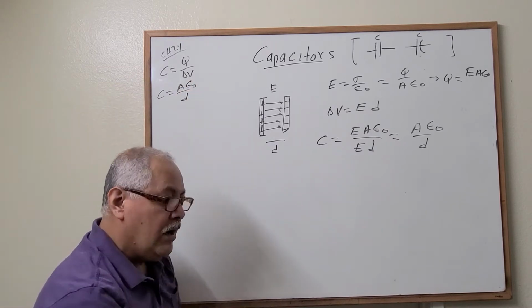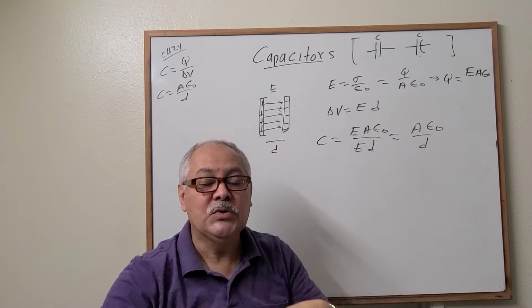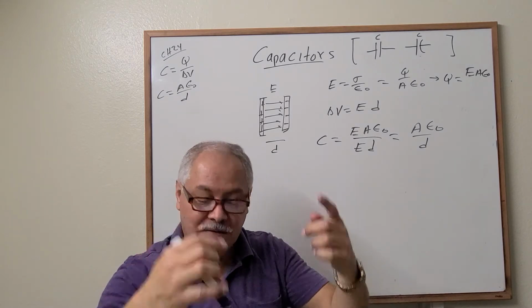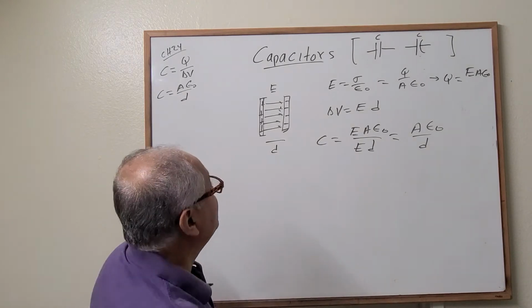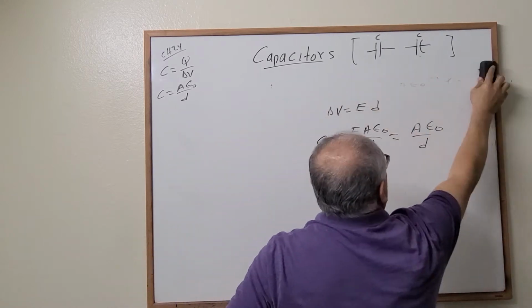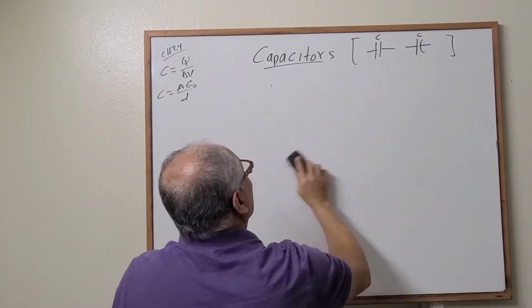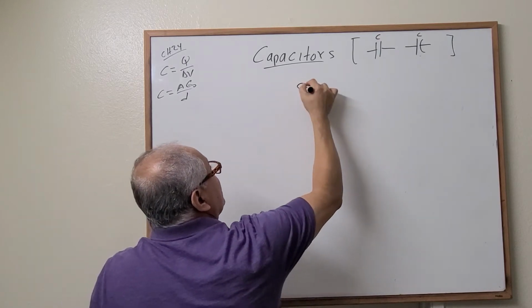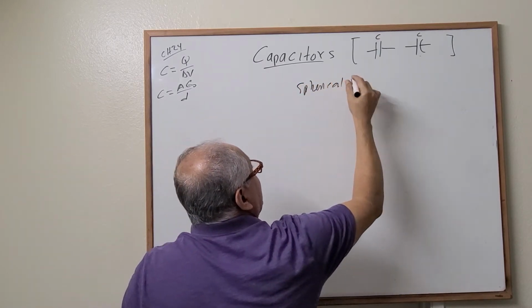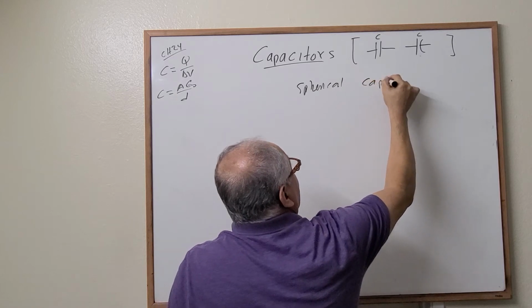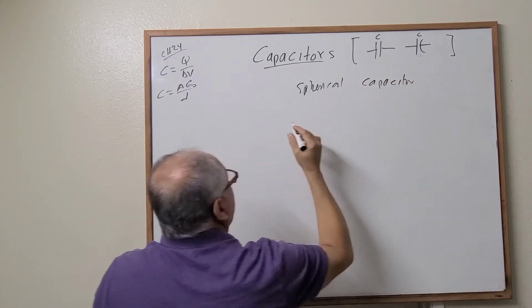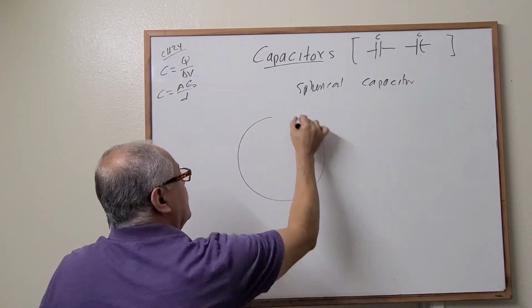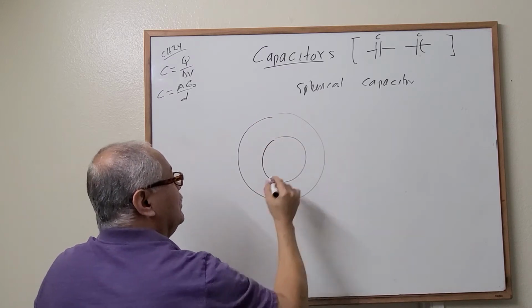Great. Now, what about if we have two spherical concentric shells? Let's find the capacitance. We have this spherical capacitor, with these two shells.